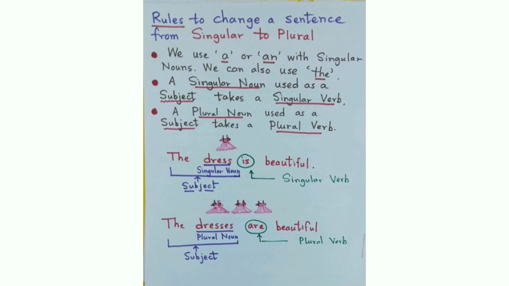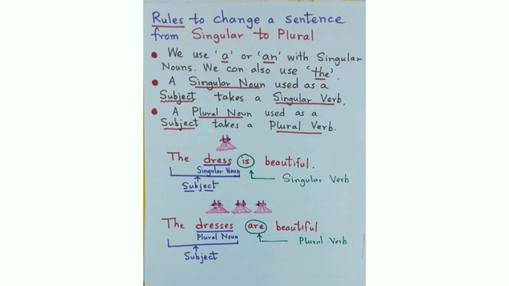Children, please learn all the rules and the examples given in your book, and do the exercises too. Before that, I must tell you how we can change a sentence from singular to plural. Rule number 1.